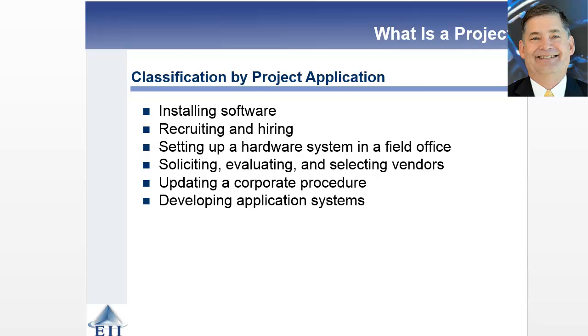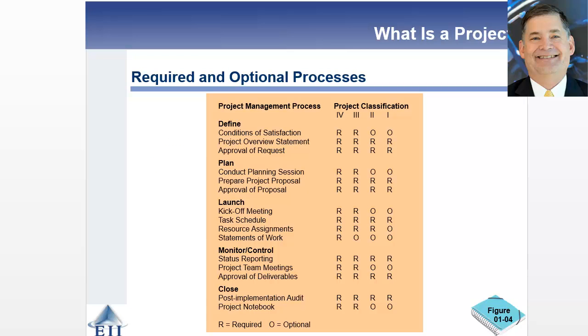Here are some other components associated with applying a project. You can look those over real quick, but I think they're relatively straightforward in terms of things that you're going to have to do and think about as you're working through a project. Here's another way of looking at this: required and optional processes, and again it goes back to that project classification.